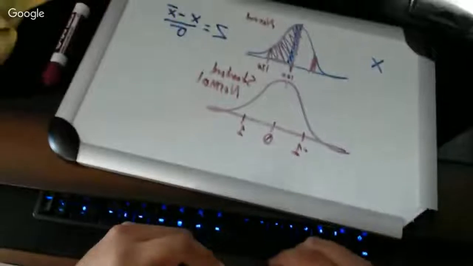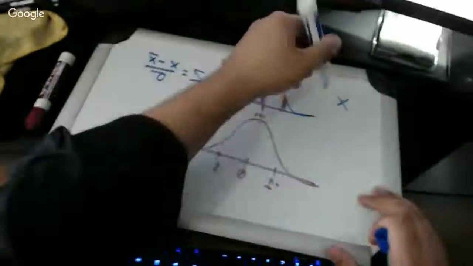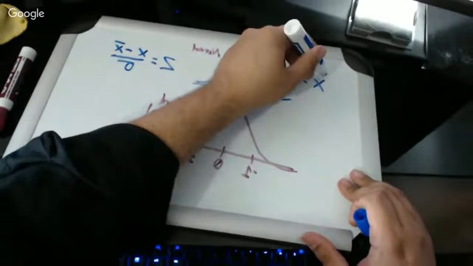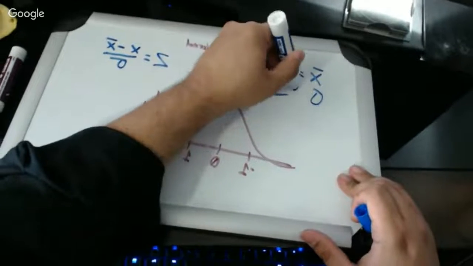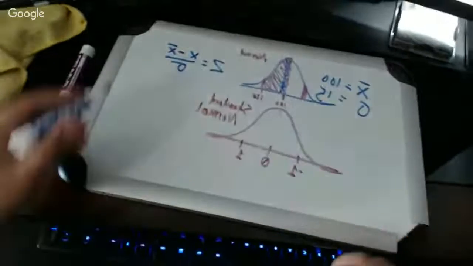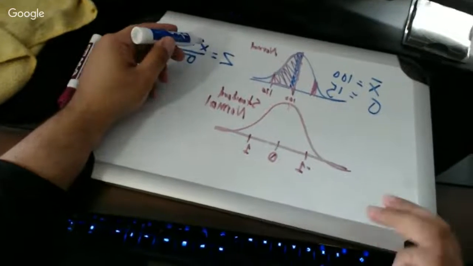We can calculate all these things. Usually when we give you a problem, we'll say x bar is equal to 100, sigma is equal to 15. So we'll give you these two things, then you just plug in the x and do the math.